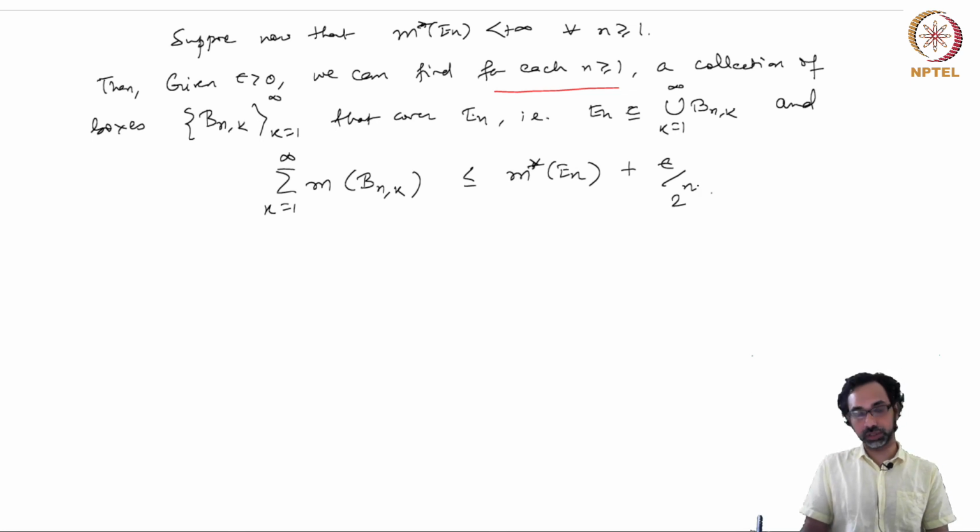So, again we are going to use the epsilon over 2 to the power n trick, because in the end we want to sum on both sides, and so we want to use epsilon over 2 to the power n rather than just epsilon.